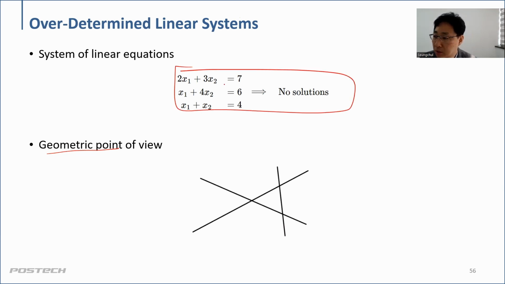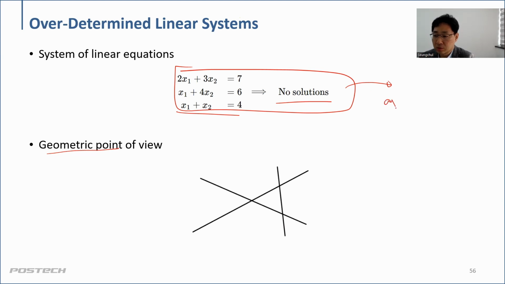Now I explained that there's no exact solution that satisfies these three different constraints. We could stop here and say there are no solutions, but let's say it's an engineering problem. What's the second best? What would be the best approximation?